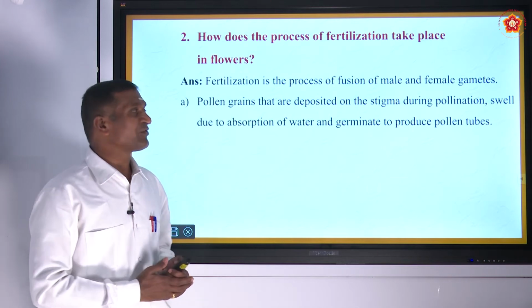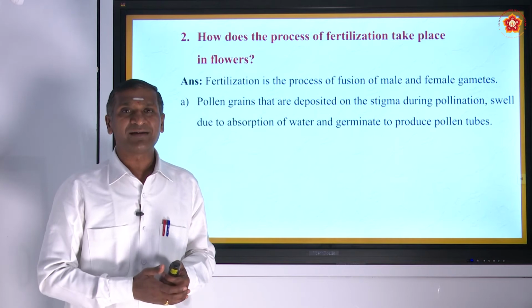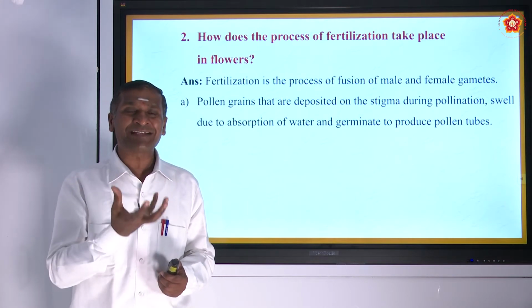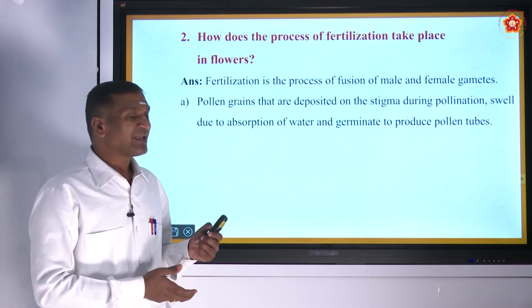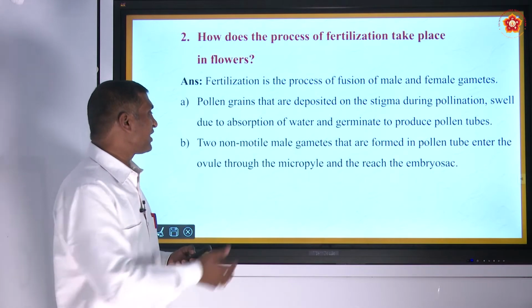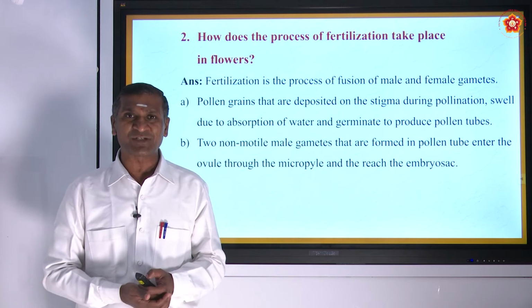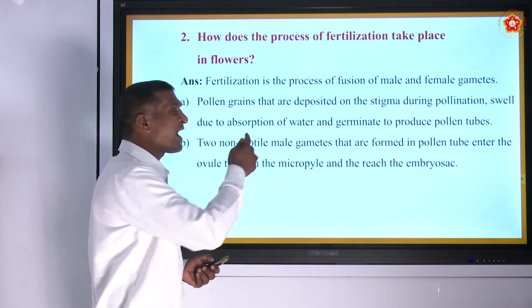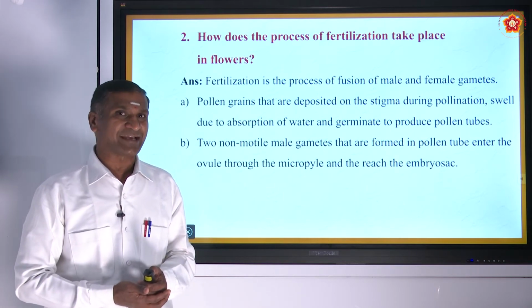The pollen grains that are deposited on the stigma consume water, get swollen up and form the pollen tube. In the pollen tube, the two non-motile male gametes are formed, which enter the ovule through the micropyle and then reach the embryo sac.